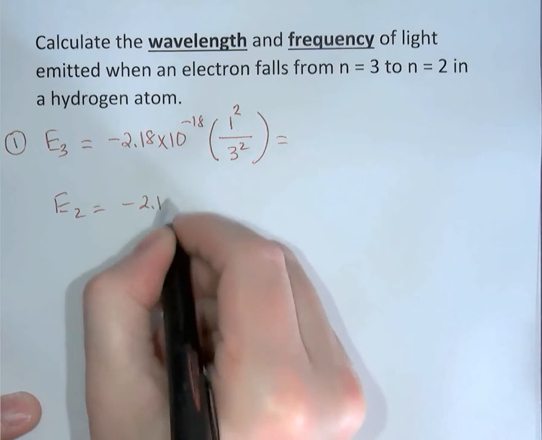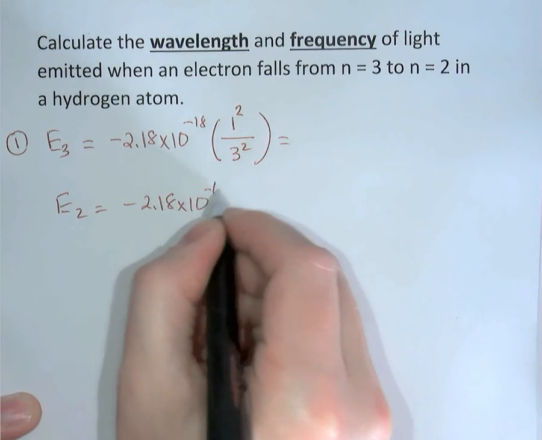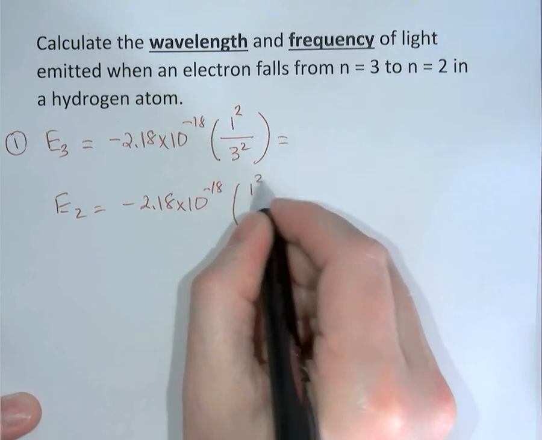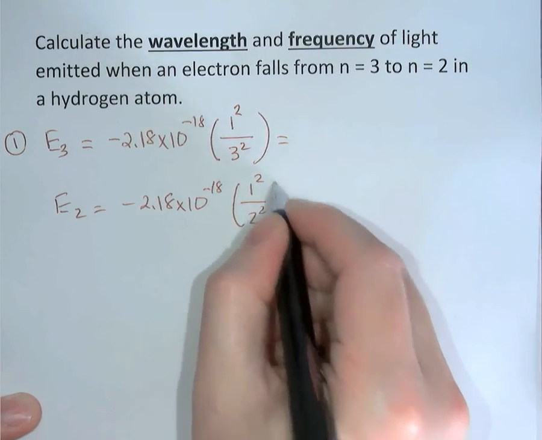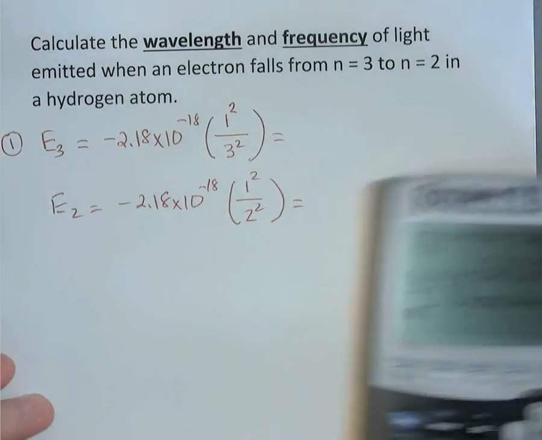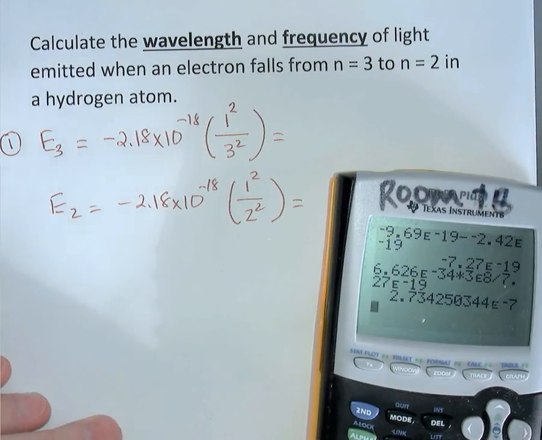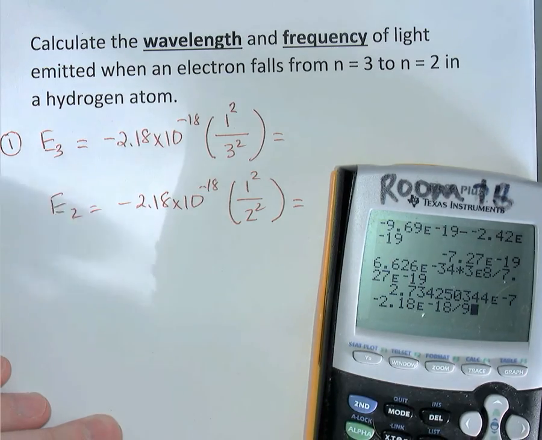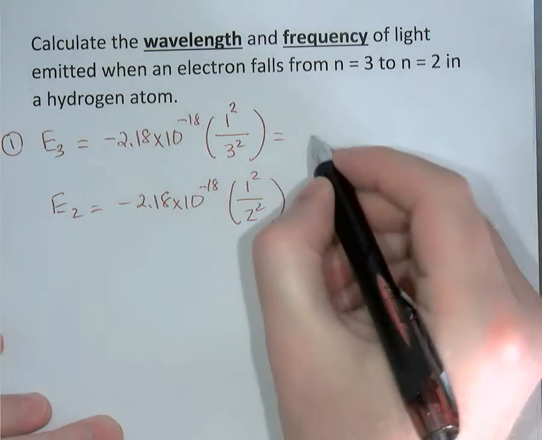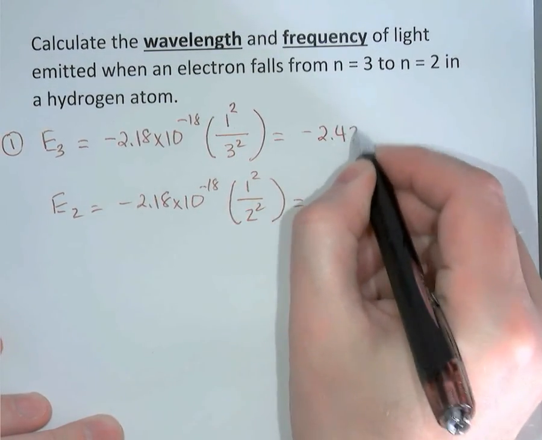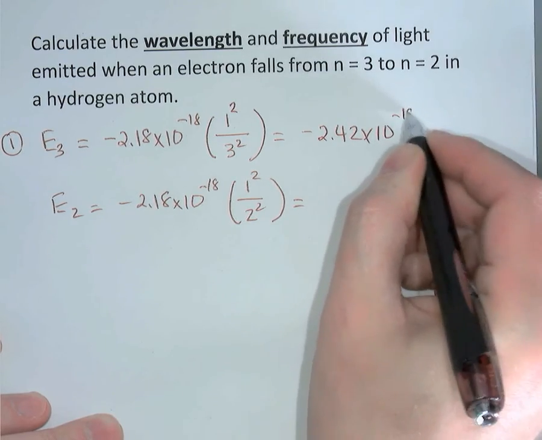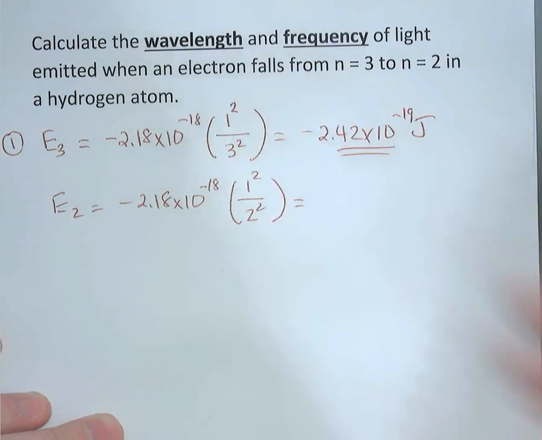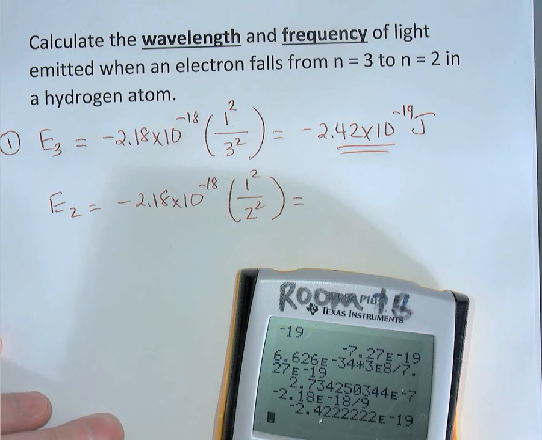And negative 2.18 times 10 to the minus 18 times 1 squared over 2 squared. So grabbing a calculator again, negative 2.18 times 10 to the minus 18 divided by 9, I get negative 2.42 times 10 to the minus 19 joules. That's the energy the electron starts with.